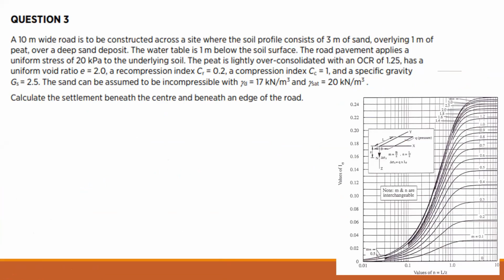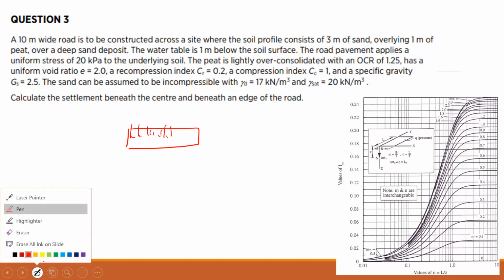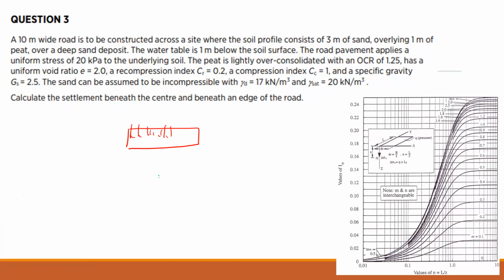So this one is week 8 and 10 together. Week 8, you know how to find. Can you remember in week 8, you found the stress increase at different points? If you have a rectangular shape on the soil with a distributed load, you know how to find the stress increase at a point.